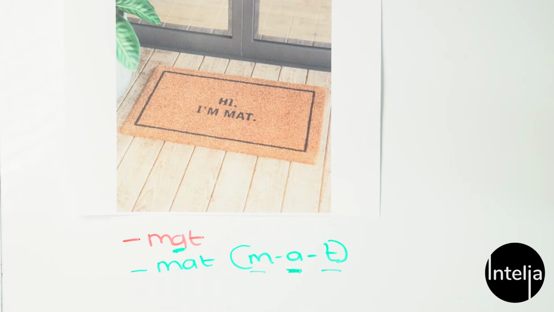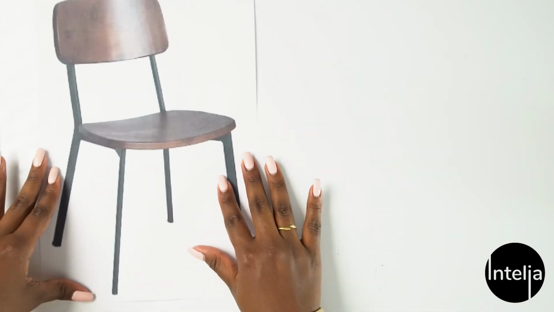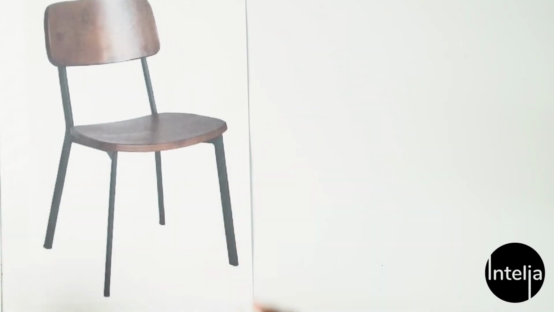Awesome. Let's move on to our third picture. We went through this one very quickly because I've already done mat with you. Now we're on to our third picture. What does this look like?